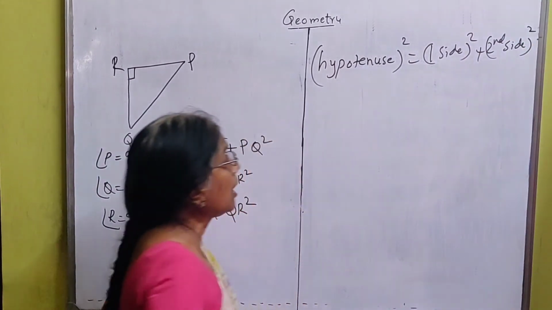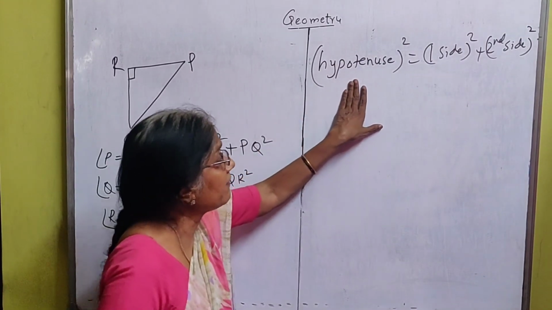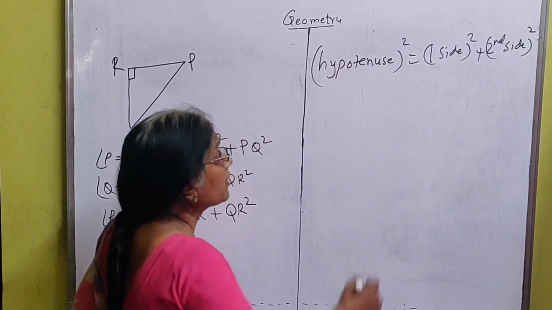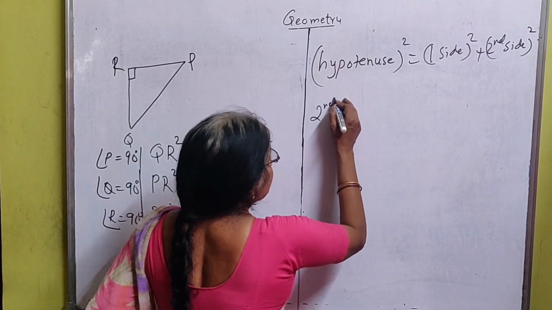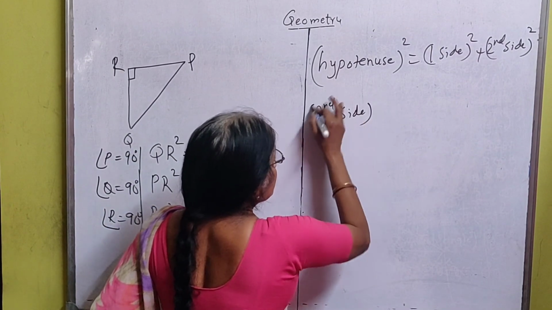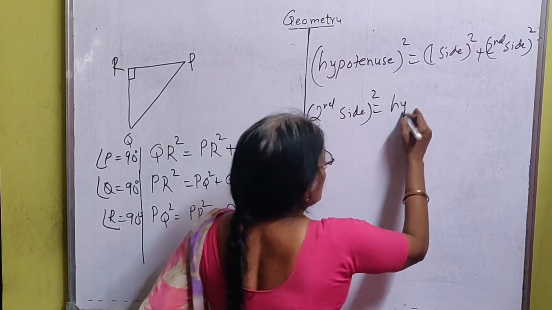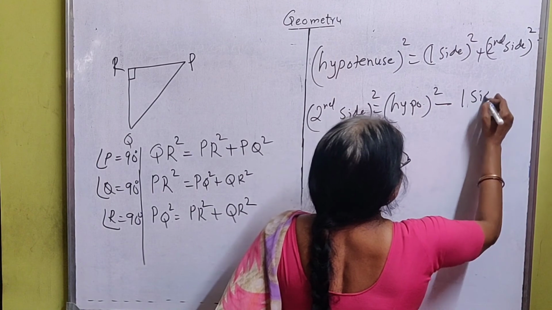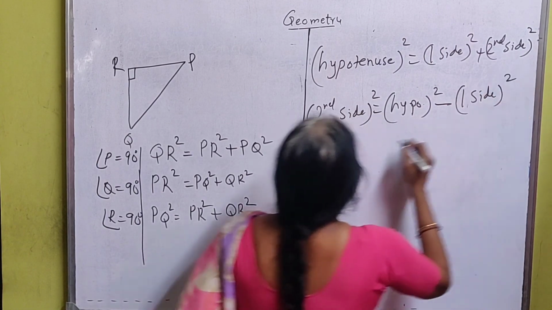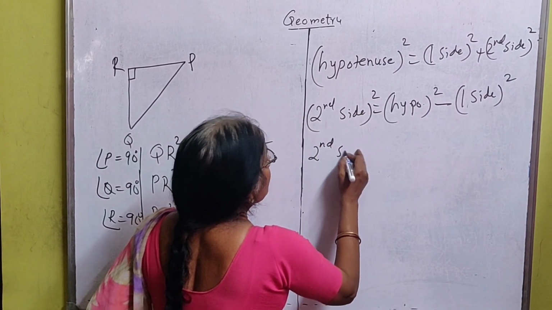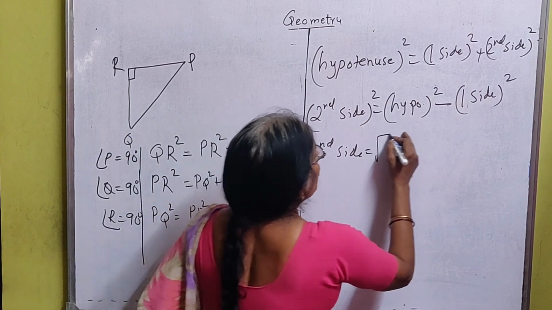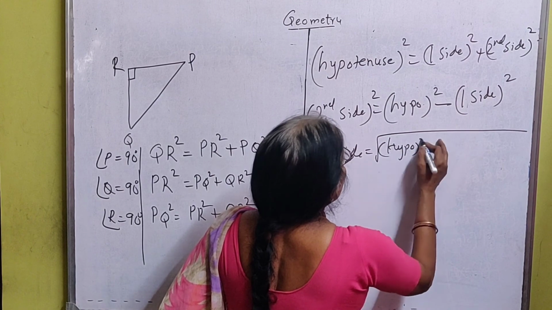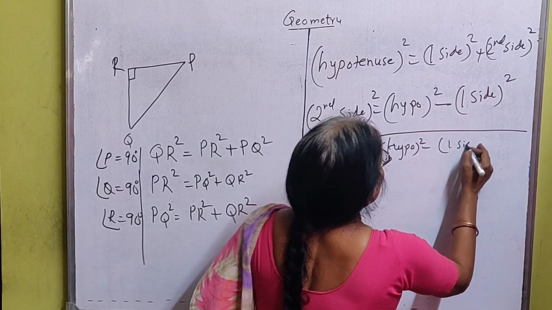Now, if the hypotenuse is given and one side is given, you have to find the second side. What is the formula for that? Second side square is equal to hypotenuse square minus first side square, and the second side will be equal to the square root of hypotenuse square minus first side square.